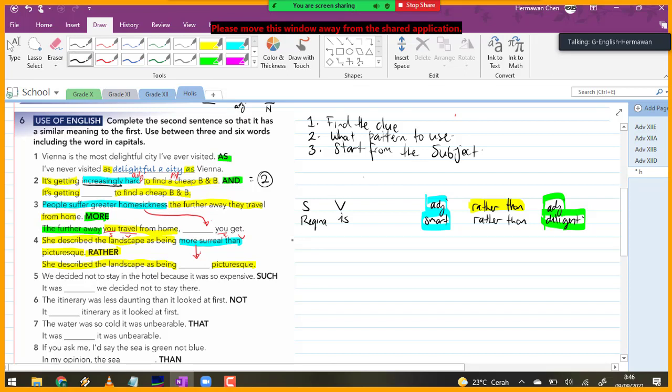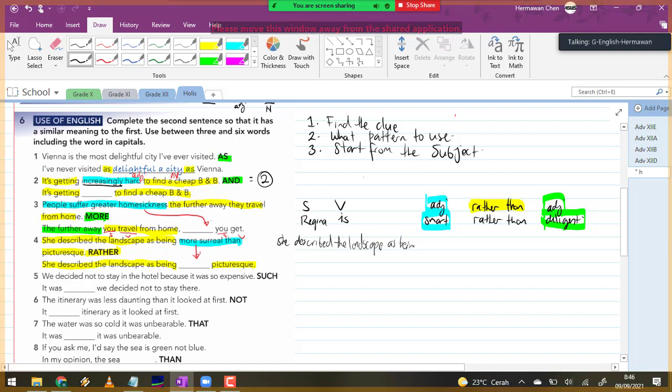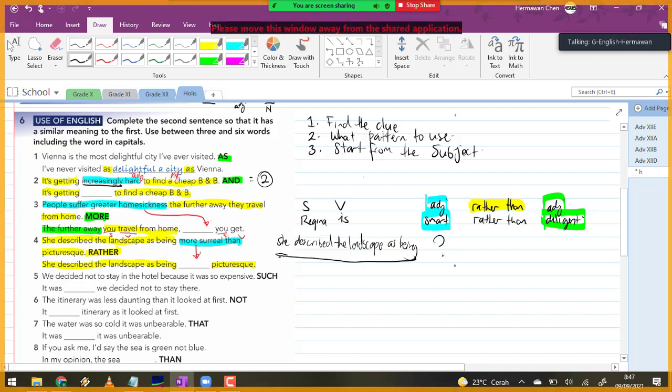Let's take this one. She described the landscape as being. This is the subject and the verb. Now the first adjective, guys, is actually missing.